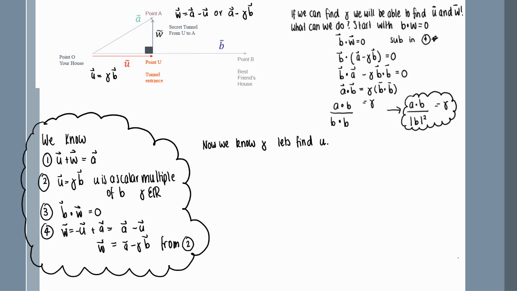So now we know what gamma is, it's easy for us to find U, because remember, U is equal to gamma times vector B. So in a test, we will just say that U equals, we have our formula for gamma, A dot B over the length of B squared, and we'll also know what vector B is, so we just times this by vector B.